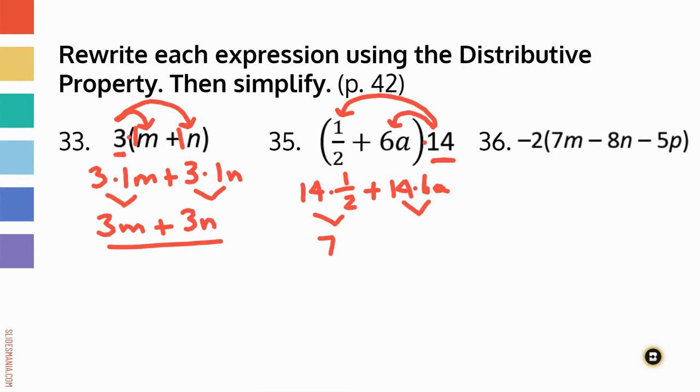And 14 times 6a is going to be, let's see, 6a times 14, that would be 84a. So 7 plus 84a. And again, these are not like terms because they don't both have an a.